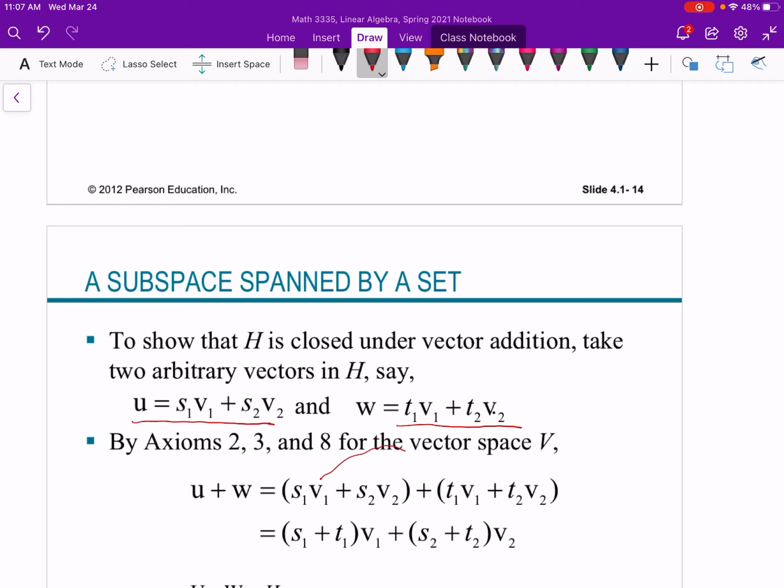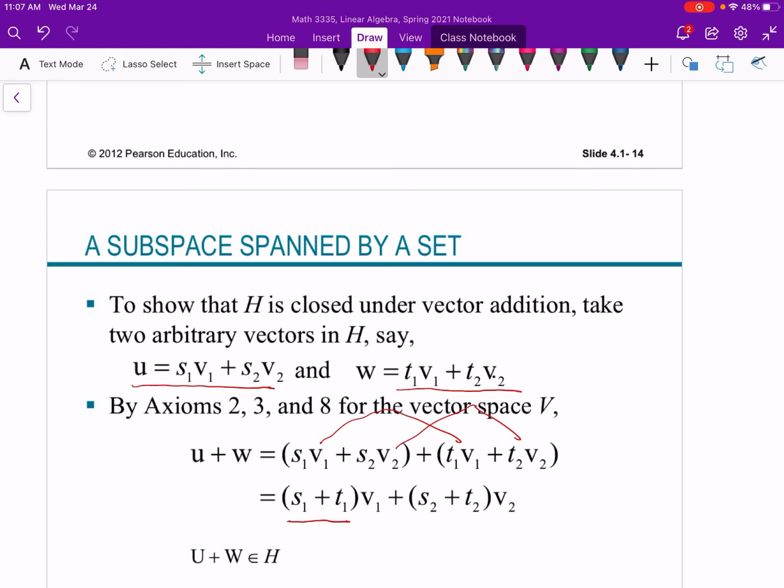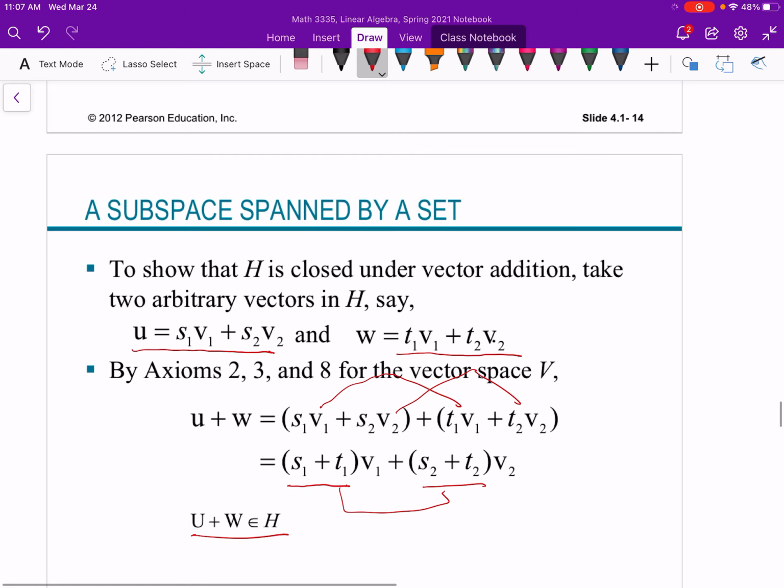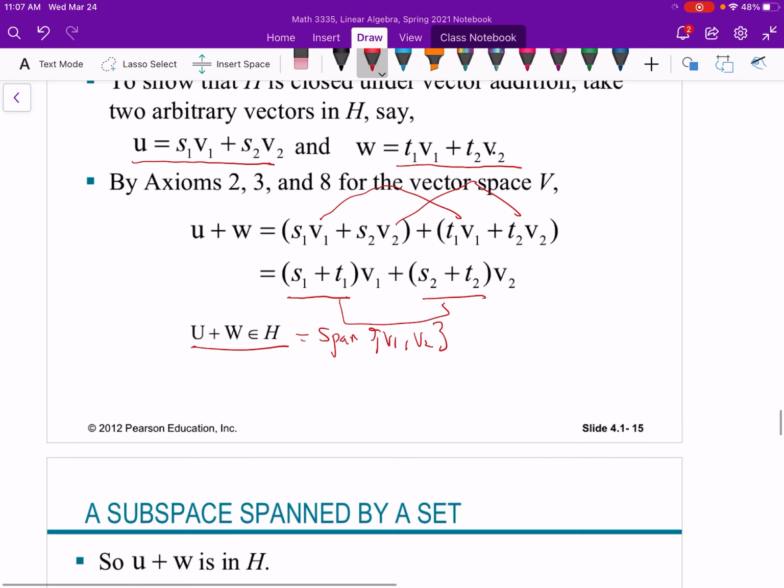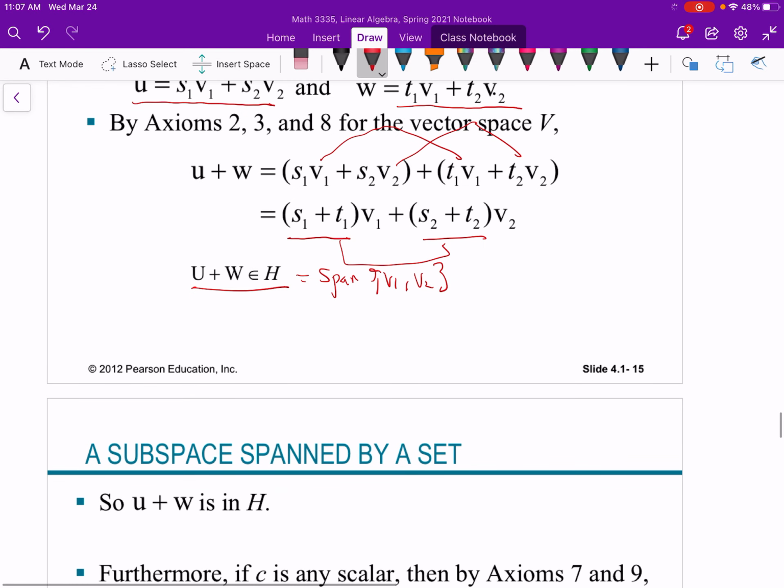The coefficient of v1 will be s1 plus t1, and the coefficient of v2 will be s2 plus t2. These are real numbers. Therefore, the result is a linear combination of v1 and v2, so it belongs to H, the span of v1, v2. So u plus w is in H.